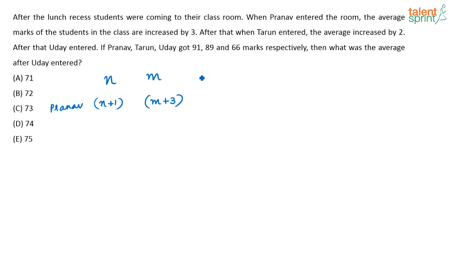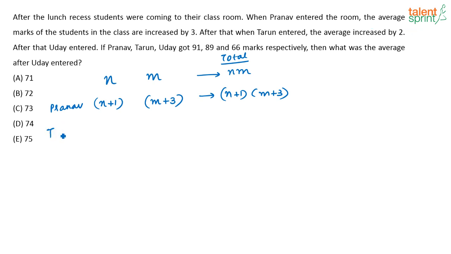And what was the total marks earlier? The total marks earlier was nm. Yes, number of people into the average marks, that is the total marks. Now what is the total marks? N plus 1 people are there and the average marks is m plus 3. This is the total marks. What is given then? After that, Tarun entered and the average increases by 2.